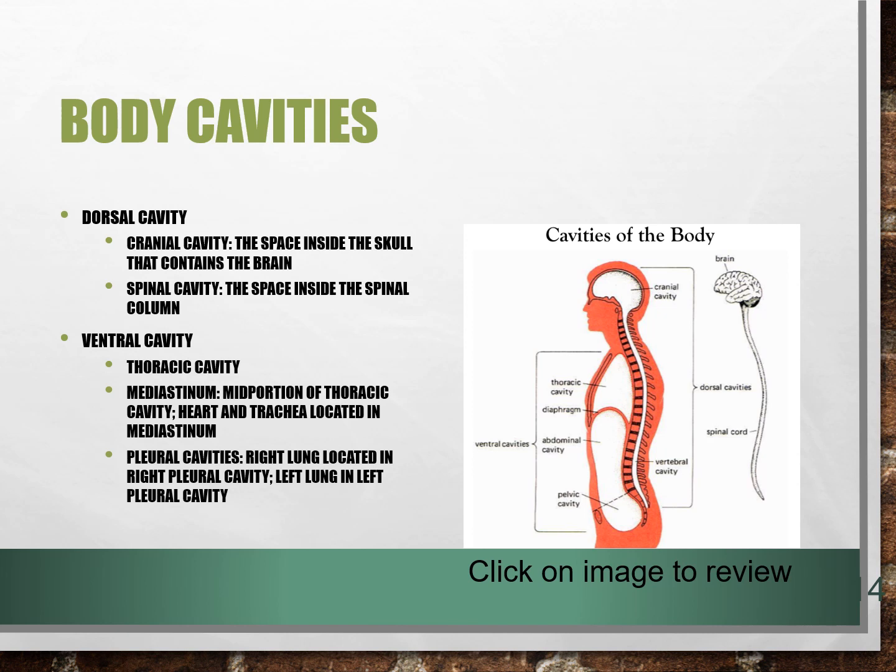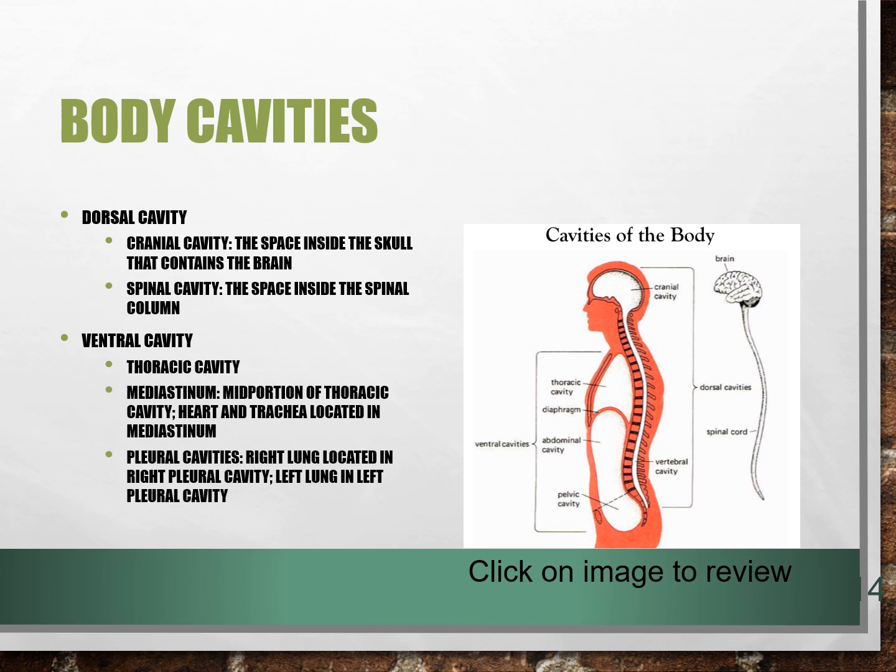So the top section here above the diaphragm, that is referred to as the thoracic cavity. Then below the diaphragm, we have the abdominopelvic cavity. So abdominal cavity being the upper approximately 2/3, and then the lower portion of the cavity being the pelvic cavity.